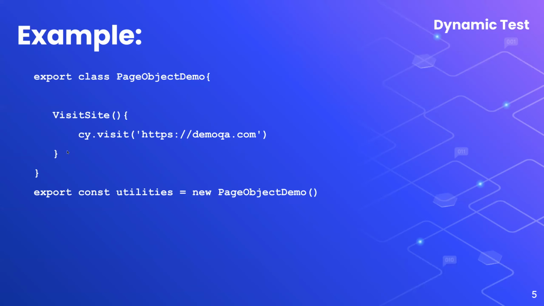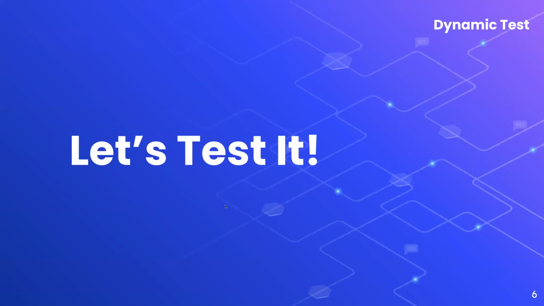And after we finish creating the function, we can see in the end that we export the const utilities and we create a new page object demo object. So after we saw the example, let's see how we can test it.